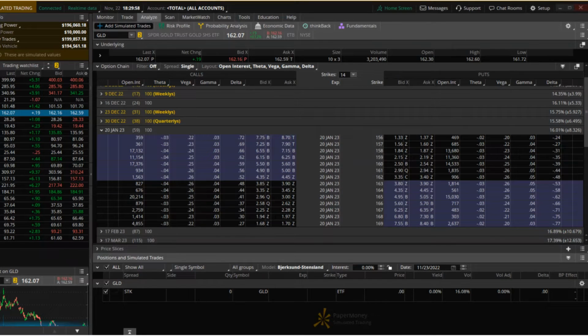Now, looking at this strike price, we can see the bid and ask columns, and if we are the buyer of the option contract, we will be paying the ask price. And if we are the seller of the option, then we are looking at the bid price. The reason for this is because we are buying and selling across from the market makers.